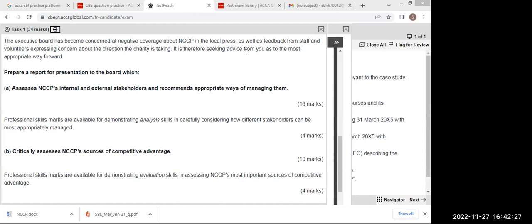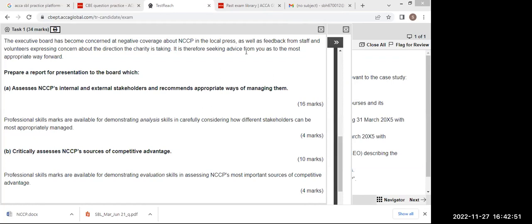Okay. Now let's start quickly with the first requirement. We do not have much time. The executive board has become concerned at negative coverage about NCCP in the local press. So there has been local press providing negative coverage, as well as feedback from the staff and volunteers expressing concern about the direction the charity is taking.